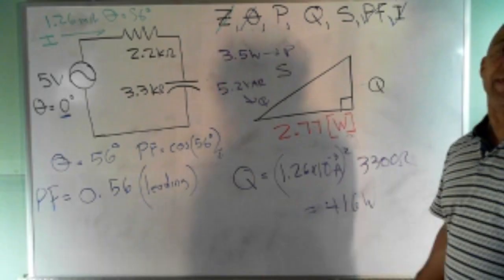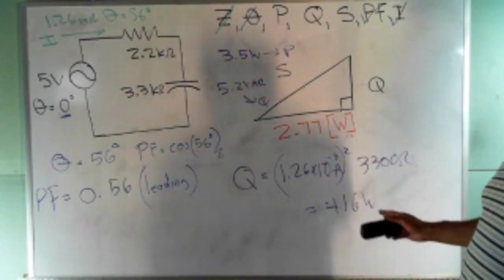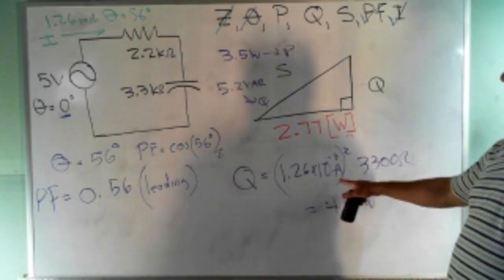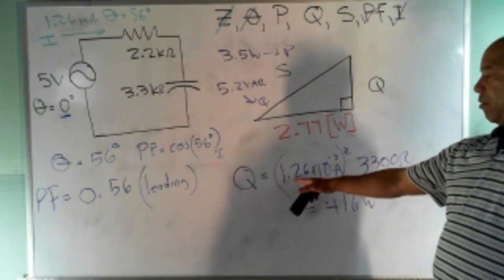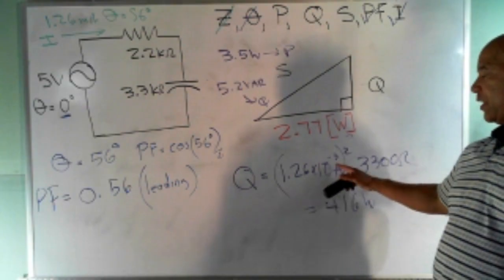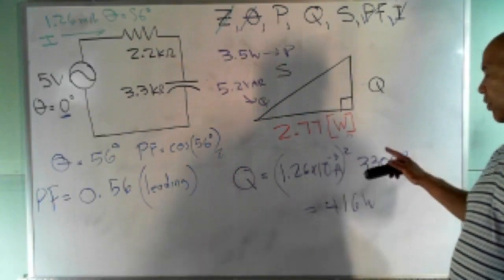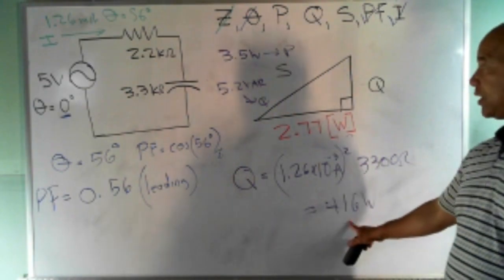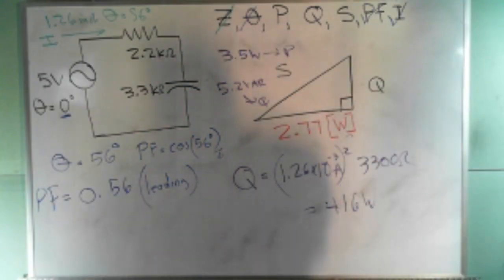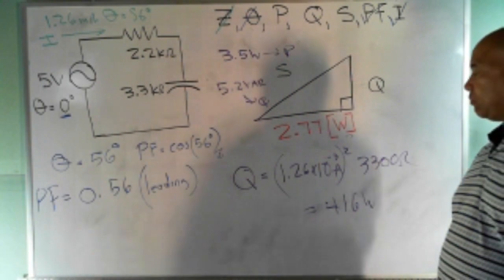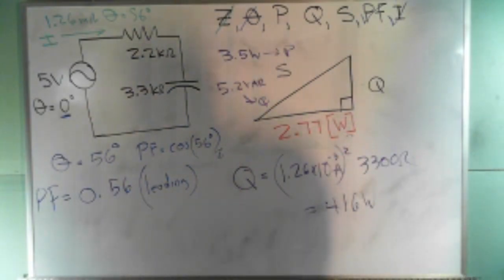Just leave it in degrees. But to do this, it won't matter if it's in degrees or radians. I just want to know what 1.26 times 10 to the minus third squared times 3,300 is. Is it 4.16, or is it something else? So recalculate it and see.